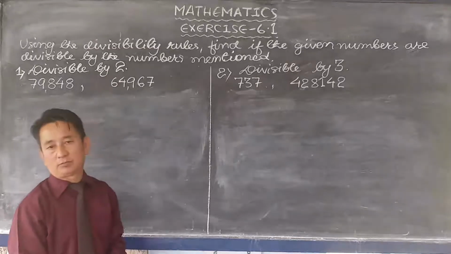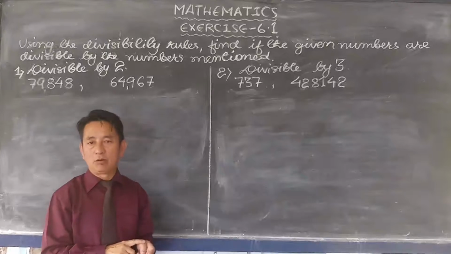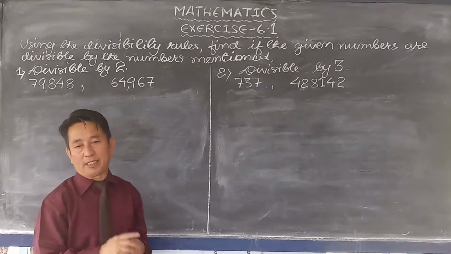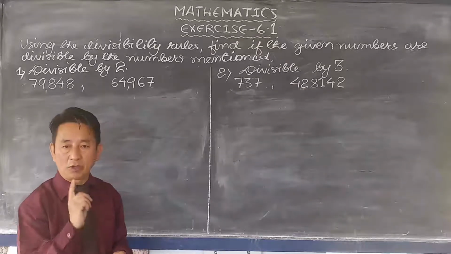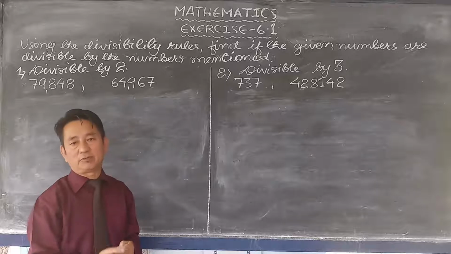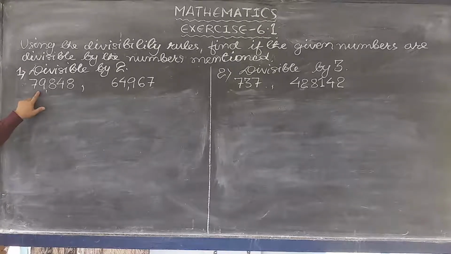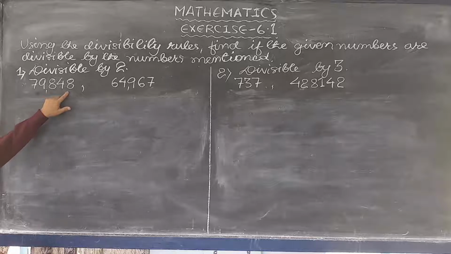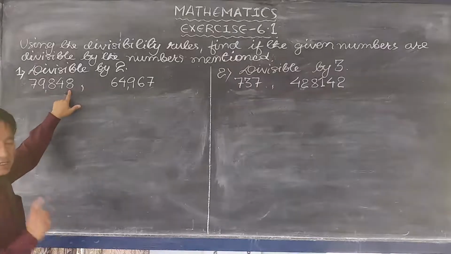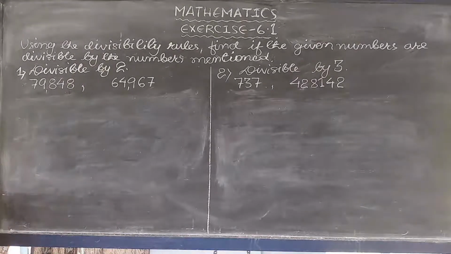Once again I repeat, if a number has 0, 2, 4, 6 or 8 in its ones place or unit place, that number is an even number which is always divisible by 2. As you can see, first one here, 79,848. There is 8 in the ones or unit place. That means this number is divisible by 2.